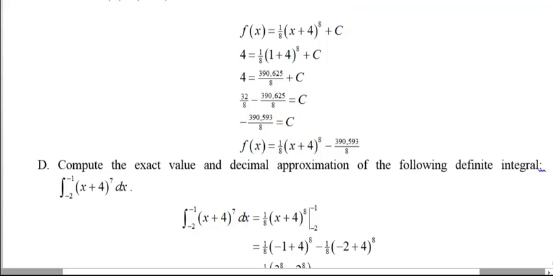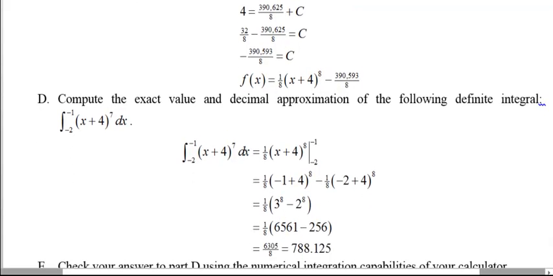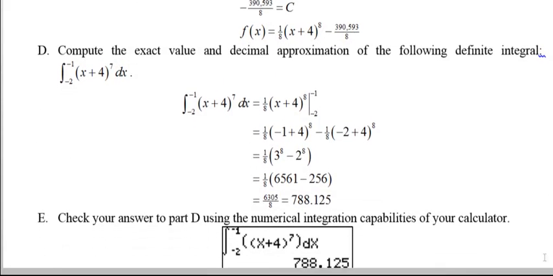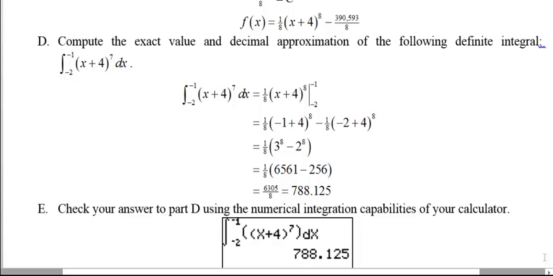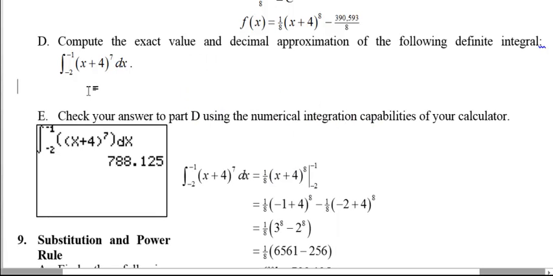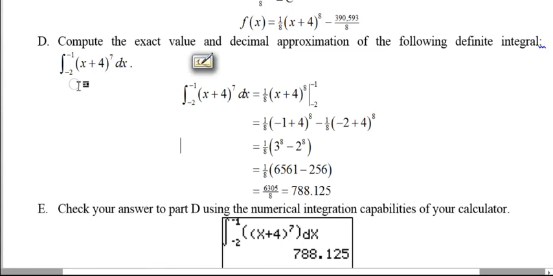Well, we can use the fundamental theorem of calculus to find a definite integral here. So if we're going to integrate from -2 to 1, we can do this problem. Now, one thing that is important here is that we have to note, okay, what happened there? Let's try that again.